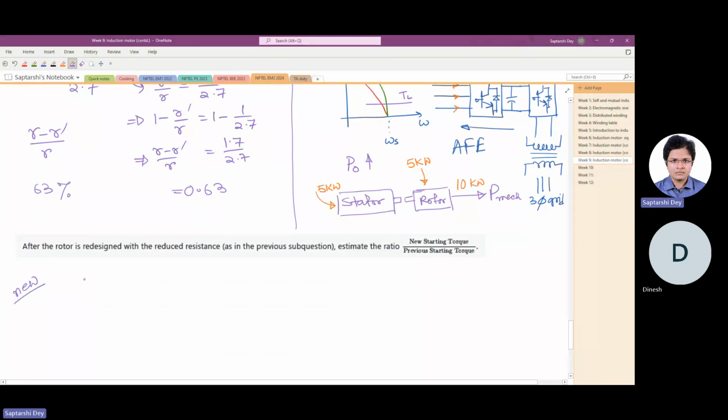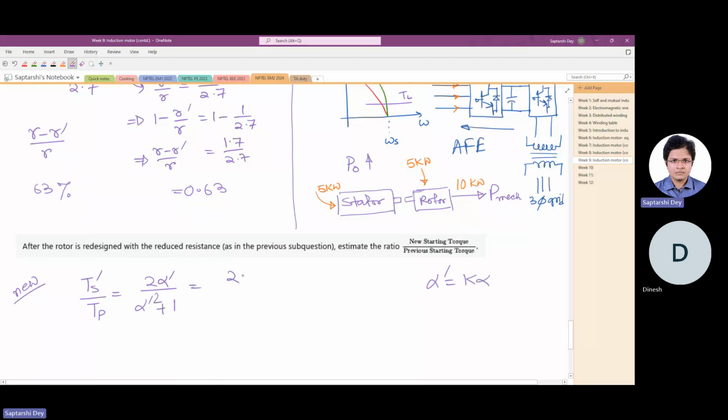So for the new case, the starting torque Ts primed by the peak torque is 2 alpha primed by alpha primed squared plus 1. Now we know that alpha primed is k alpha.